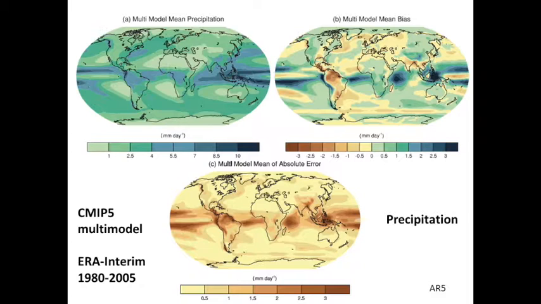Because here the scale is by day, millimeters per day. Yes, but the evaluation is done by month. And in this case it is annual. And all these graphs are in the Assessment Report 5.